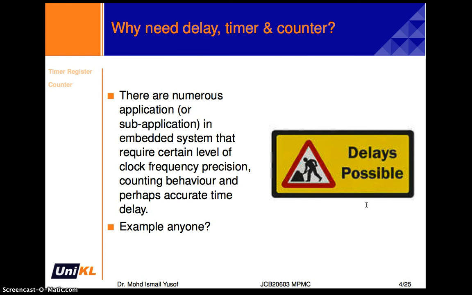Okay, we have done some exercise before about a running light or a Knight Rider, whereby we have 8 LEDs in a row, and when the first LED is turned on, then it's off, followed by the second LED on and off, followed by the third LED on and off, and followed by the fourth, 5, 6, 7, and 8 LED.